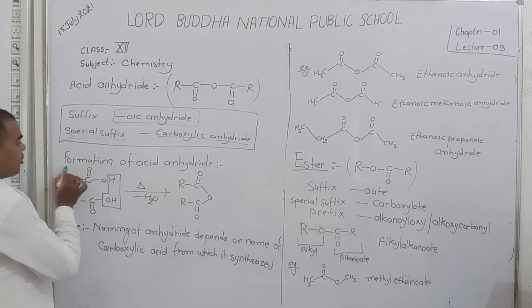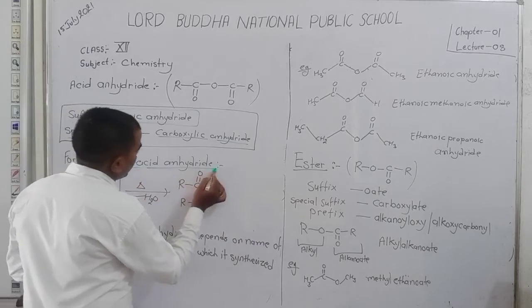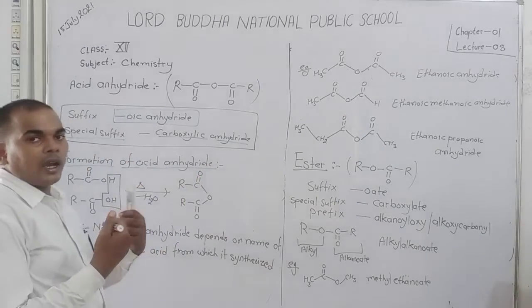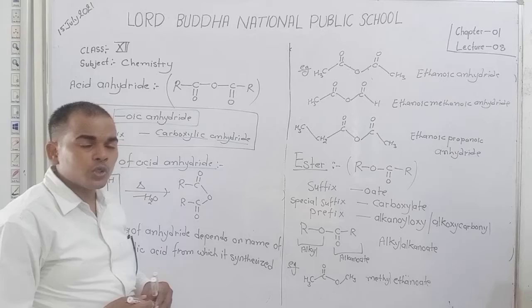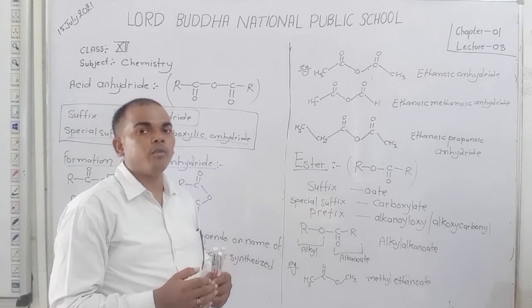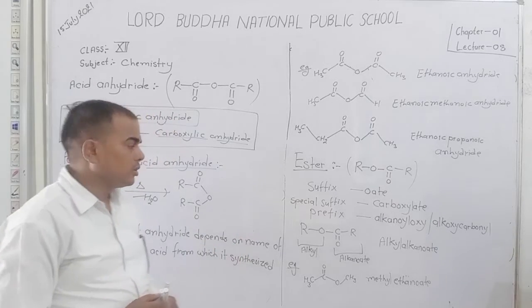Dear student, the formation of acid anhydride. How does acid anhydride form? Acid anhydride forms from carboxylic acid.